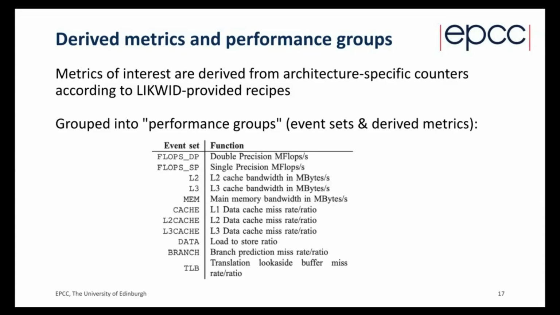So that allows you to do, for example, cross-architectural comparisons, knowing that, at least if you can trust what the LIKWID developers have implemented based on the underlying documentation provided by the architecture providers, you're comparing like for like, more or less.